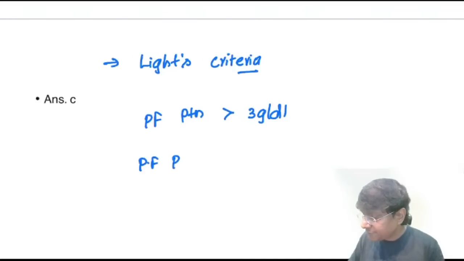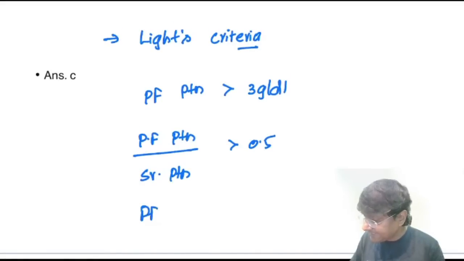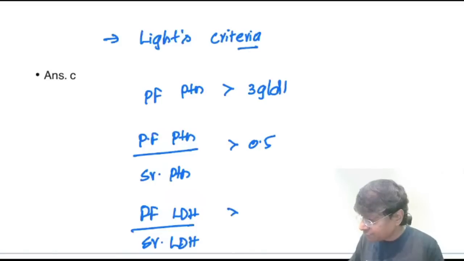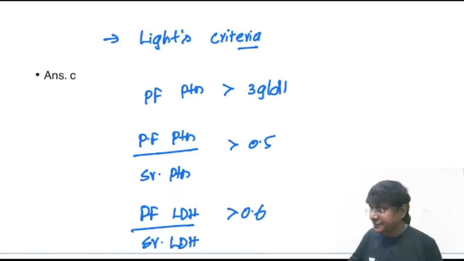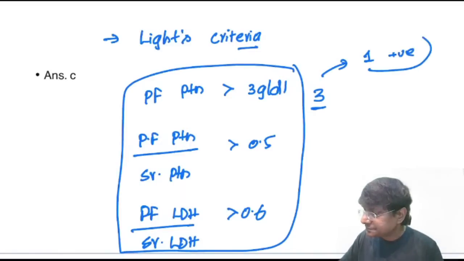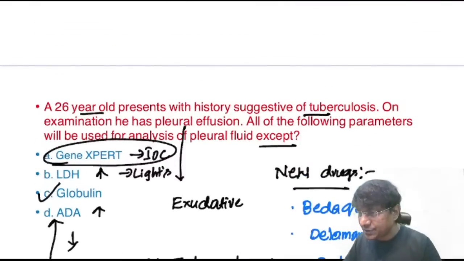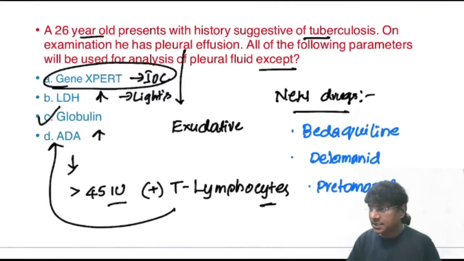Then pleural fluid protein to serum protein ratio should be more than 0.5, and pleural fluid LDH to serum LDH ratio should be more than 0.6. So these are the points in your Light's criteria. Three are there, and out of these 3, at least 1 should be positive to consider Light's criteria as positive. Okay, so yes, Cortex user, have you understood this?